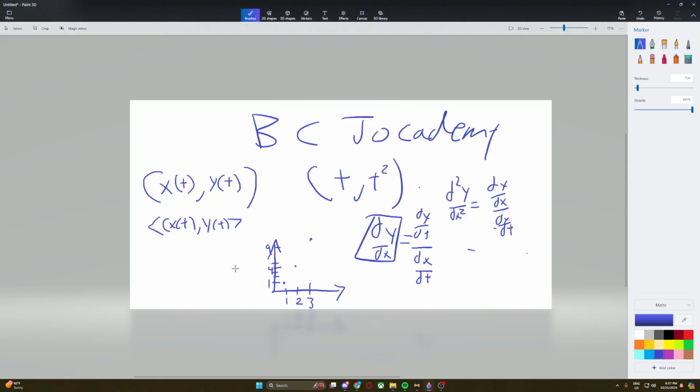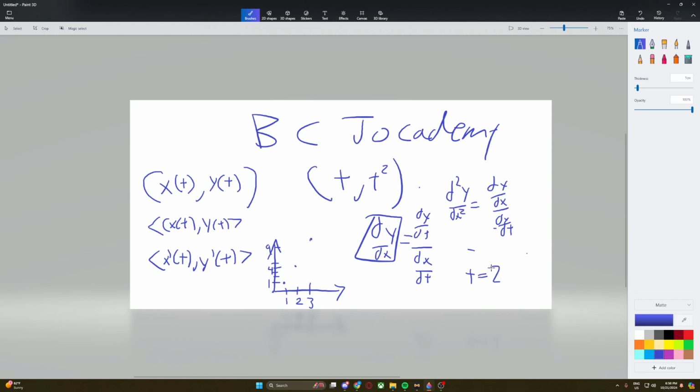I think I mentioned this earlier, but getting the derivatives of a vector is just getting the individual derivative of this function and this function. So the derivative of this would just be x prime t, y prime t. That's it. Also, by the way, when you do get the derivative, you get an answer like t equals some number, right?